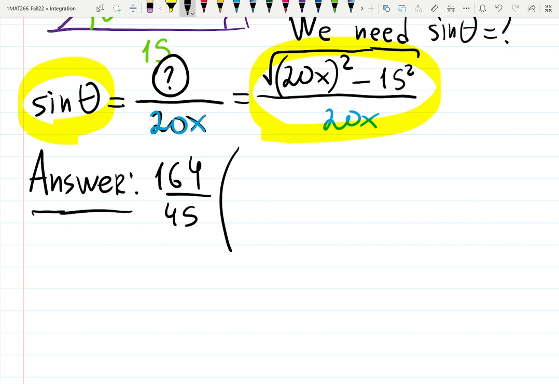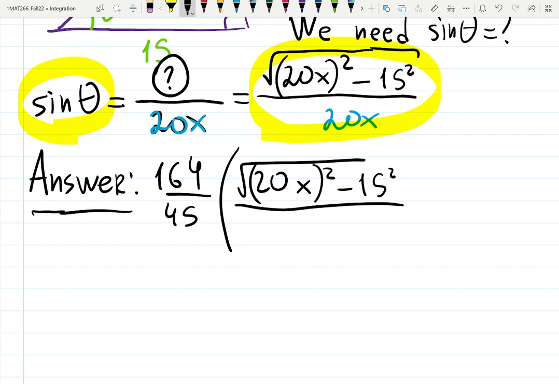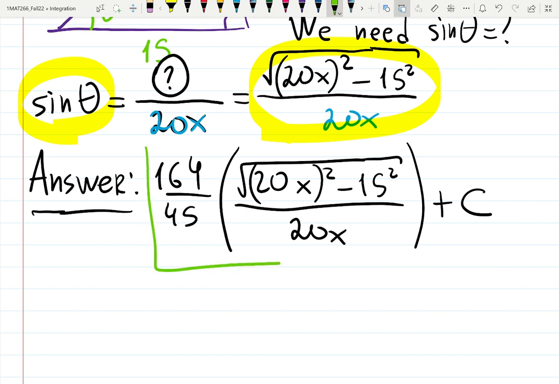Then we had sine theta. You can distribute if you want, but you don't have to. The square root of 20x squared minus 15 squared, or you can write it as 400x squared if you want, over 20x, plus c. That is the final answer in terms of the x variable.